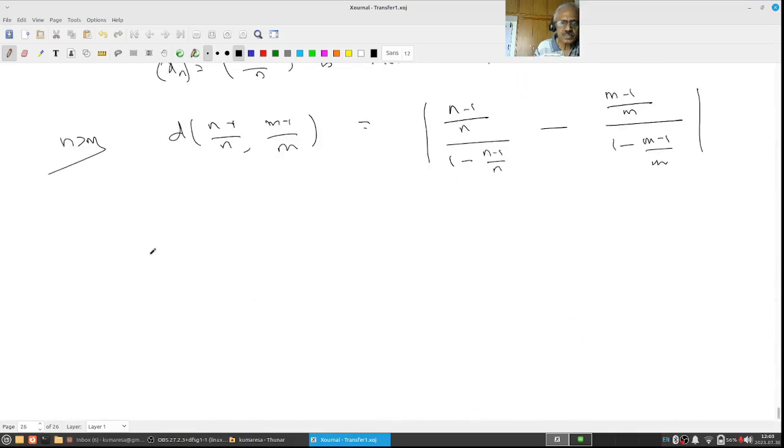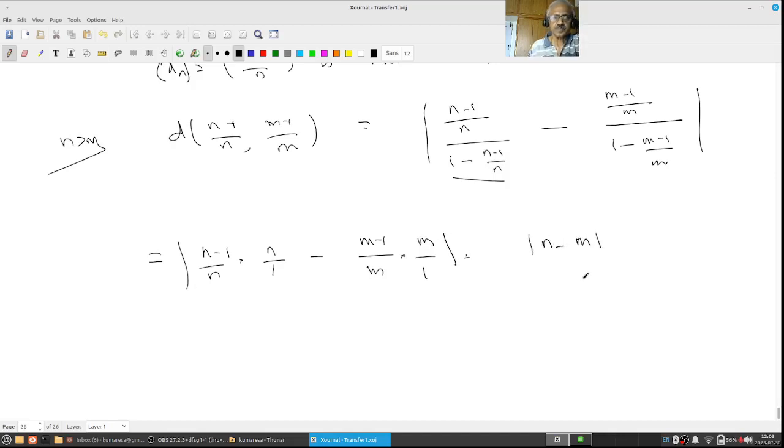So let us simplify. This is (n minus 1) by n into n by 1, minus similarly (m minus 1) by m into m by 1, but that is going to be the distance between n and m. Okay, this is not Cauchy.